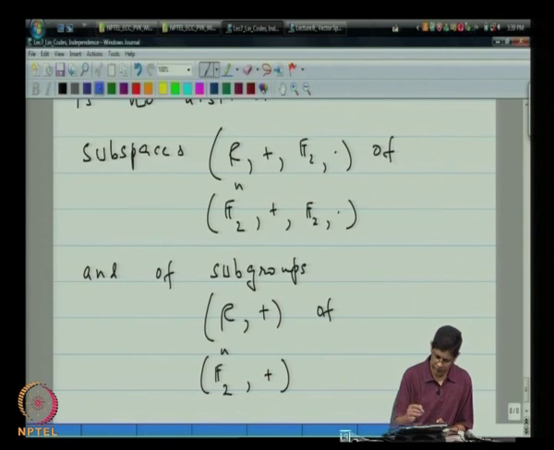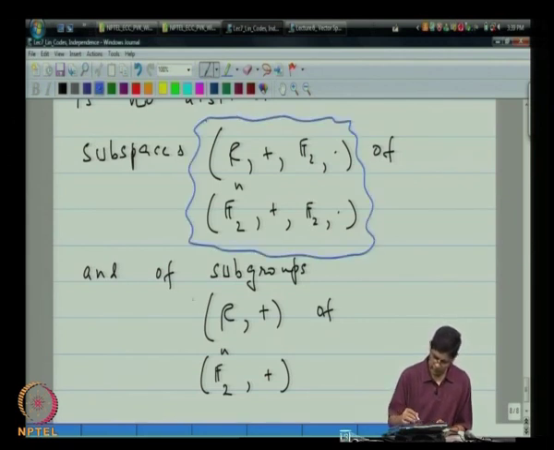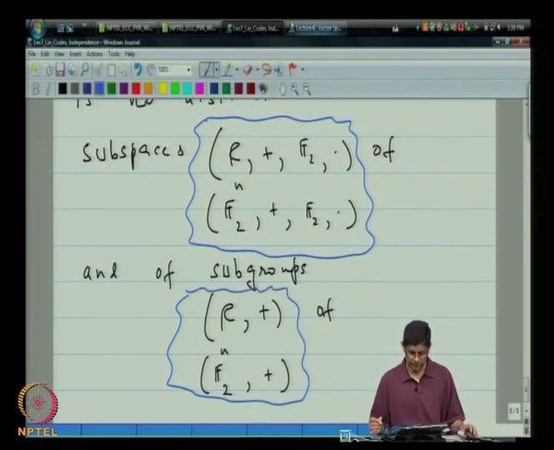So, in other words, whether you are testing to see if a particular code is a subspace of the set of all n tuples, or you are just checking to see if it is a subgroup of the set of all n tuples viewed as an additive subgroup, the test is the same.